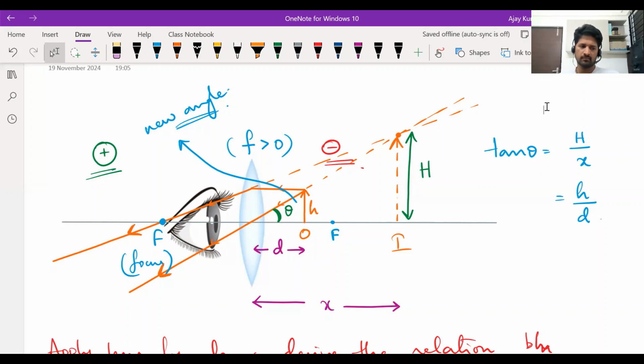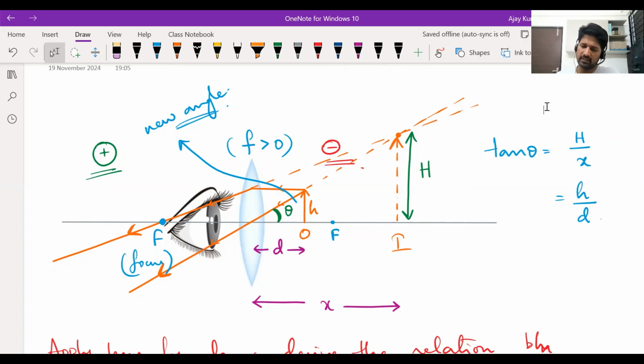Sir, is it X? X is the distance where the image is forming. Small d is the distance where we have placed the object. I'm asking you, up to what maximum value can small d be increased? Till infinity.